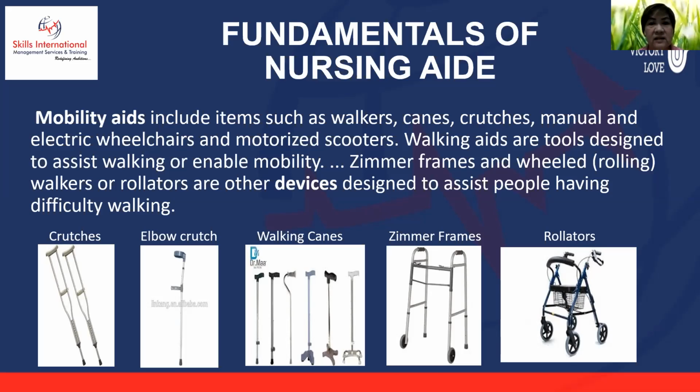Walking canes, especially for the elderly, either have rollers or are just the firm kind. The Zimmer frames come with wheels, and they can support those patients to walk properly. Rollators are also used as mobility aids because they are almost electric operated.